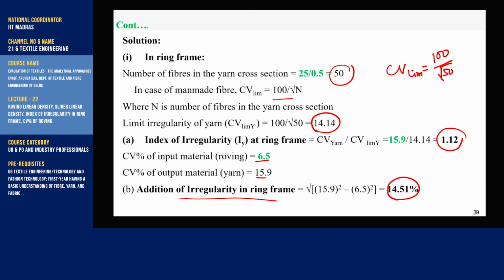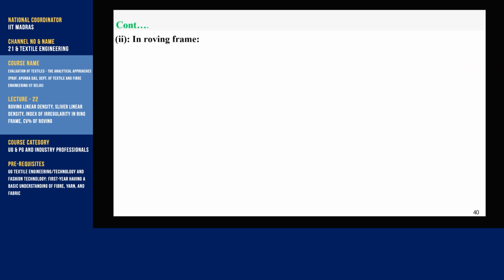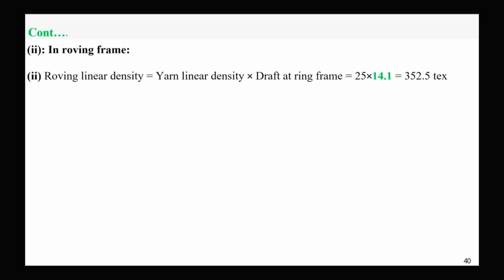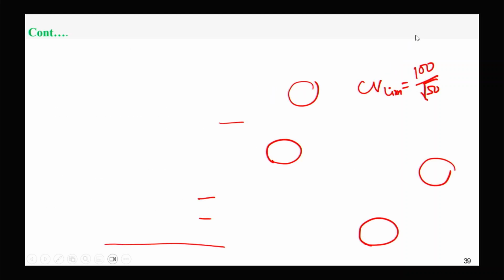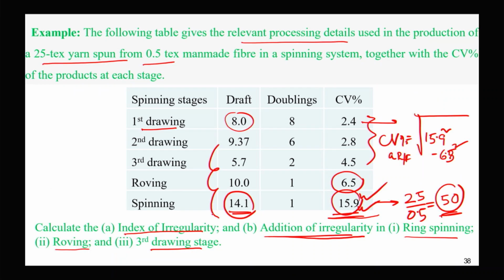Next is the roving frame. Now as per the table, the draft at the ring frame was 14.1. Draft is given, so that was from the table. It's 14.1.